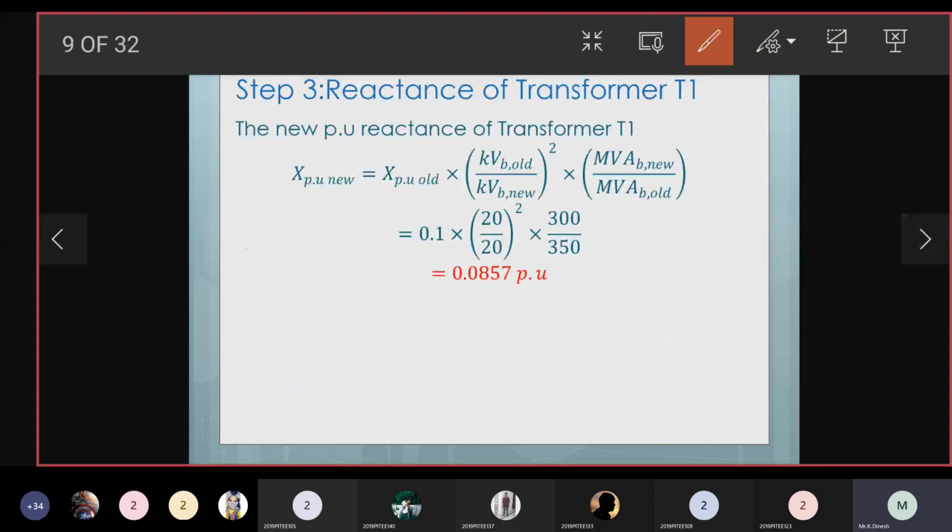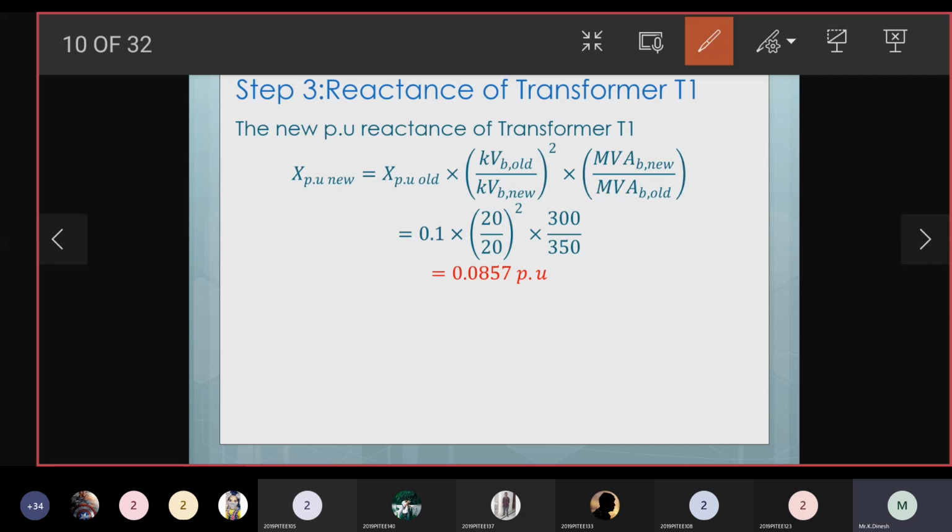So the formula is X per unit new equal to X per unit old into KVB old by KVB new, the whole square, into MVAB new by MVAB old. So the old value reactance for the transformer is 10%. So 10 by 100, it is 0.1. KVB old is 20. KVB new is 20. So the transformer primary we are considering.